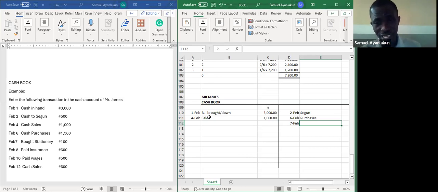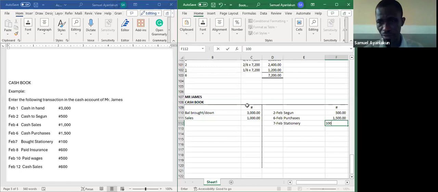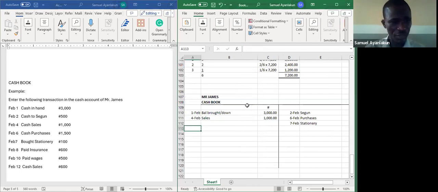So you debit your stationery and credit your cash. Which is 100 naira. Next one, paid insurance. Paid insurance means your insurance will increase in value and your cash will reduce because you are paying.